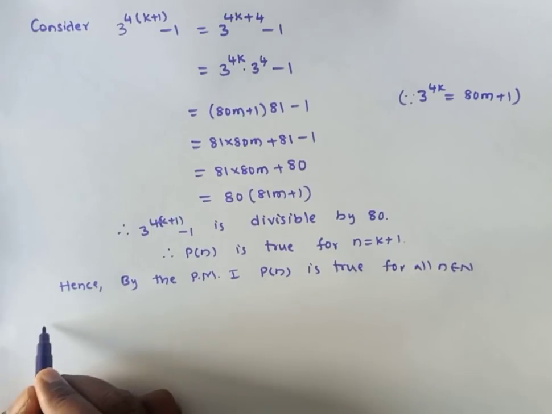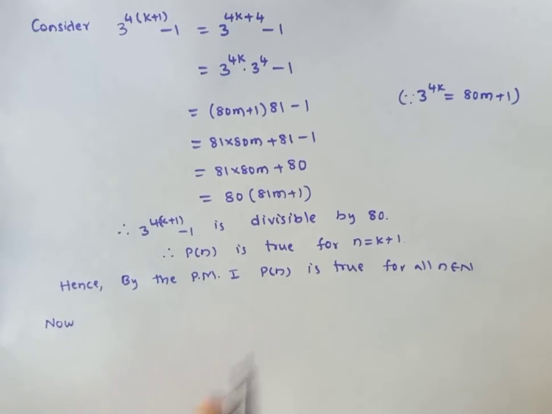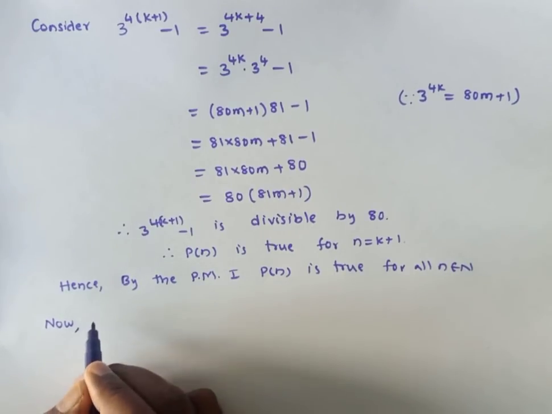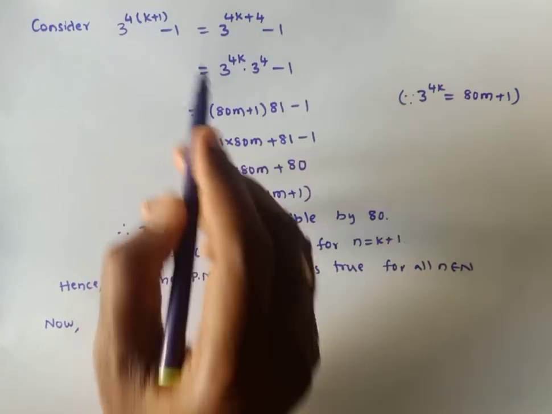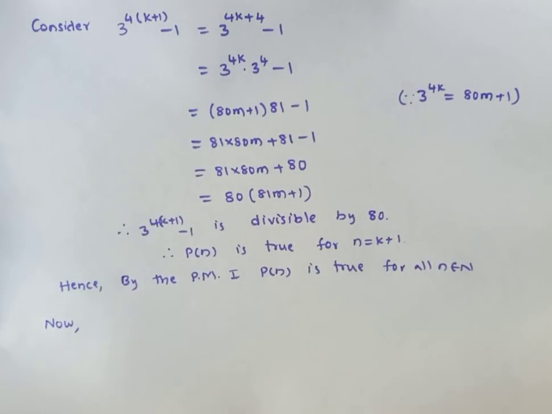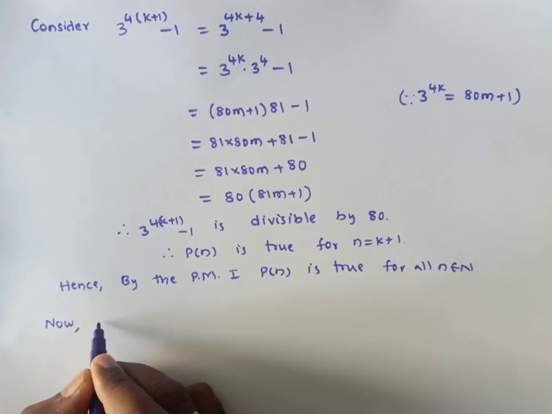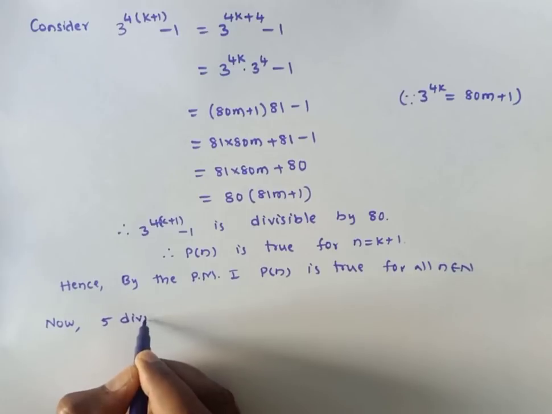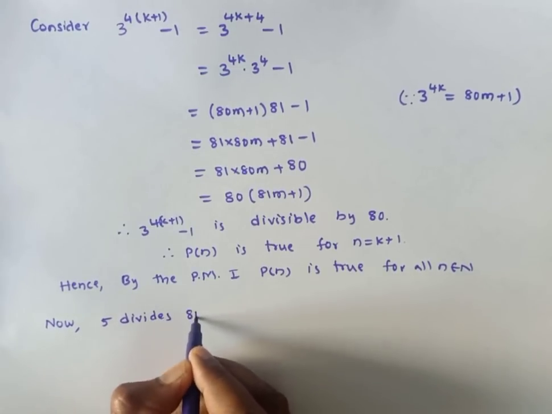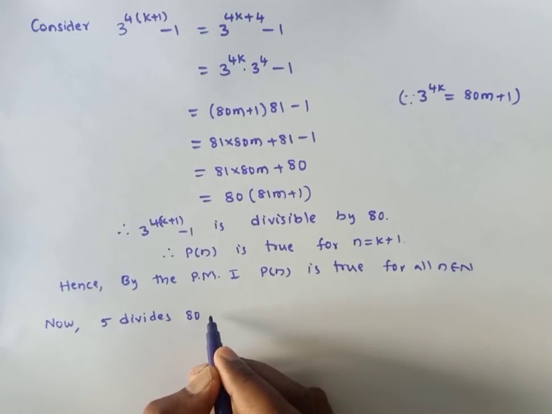Okay, now here you need to conclude. The given term, 3 to the power of 4n minus 1, is divisible by 80, but in our given problem 3 power 4n minus 1 is divisible by x. So here we need to find the exact value of x from the options. Now 80 is there, so 5 divides 80, which means 80 is divisible by 5.